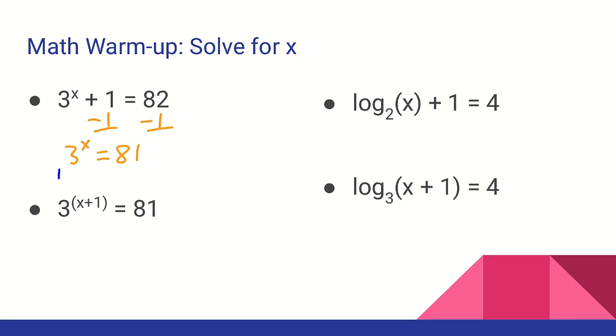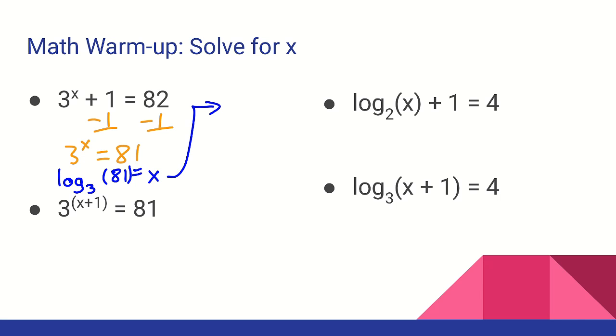But we could also rewrite this as log base 3 of 81 is equal to x. And then we could put that log base 3 of 81 into our calculators. Probably going to use the Desmos graphing calculator.